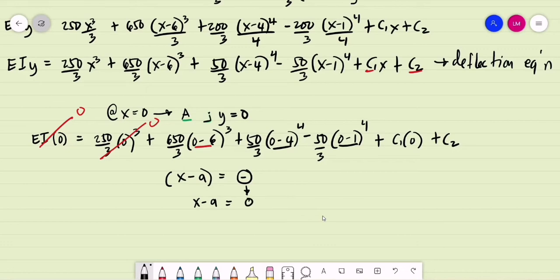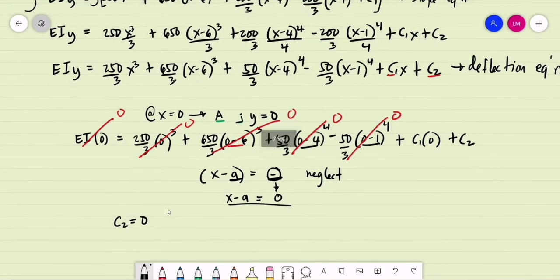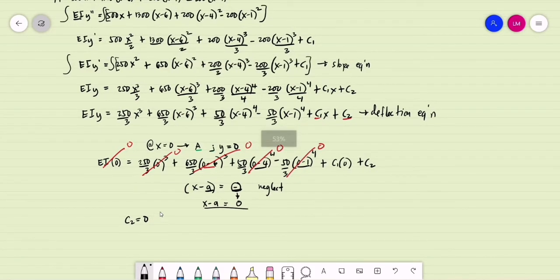Since we are using a bracket method, if we arrive with a negative value, that point is not on that bracket, or we are not yet at that section. So we neglect. Basically, if we arrive with an x minus a and we arrive with a negative value, we simply neglect, or simply assume it to be equal to 0. So therefore, basically, we have c sub 2 is equal to 0. In most cases, if we have a simply supported beam, the value of c sub 2 is always equal to 0. Okay? For the case of simply supported beams.